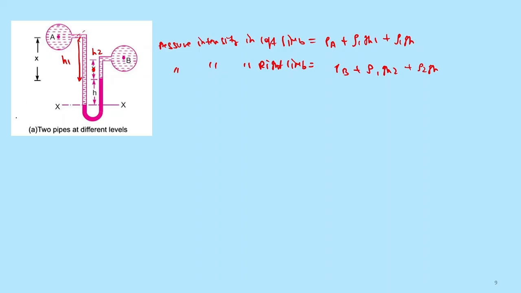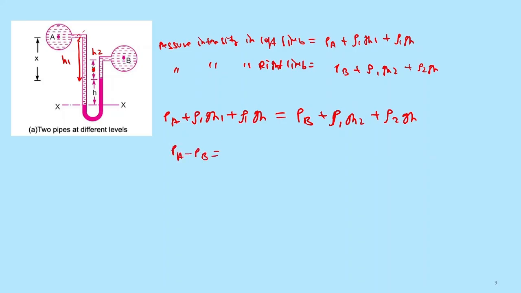So if we equate this, we will get PA plus rho 1 GH1 plus rho 1 GH equal to PB plus rho 1 GH2 plus rho 2 GH. PA minus PB: if we shift this PB and this to that side, we will get rho 2 GH minus rho 1 GH plus rho 1 GH2 minus rho 1 GH1.